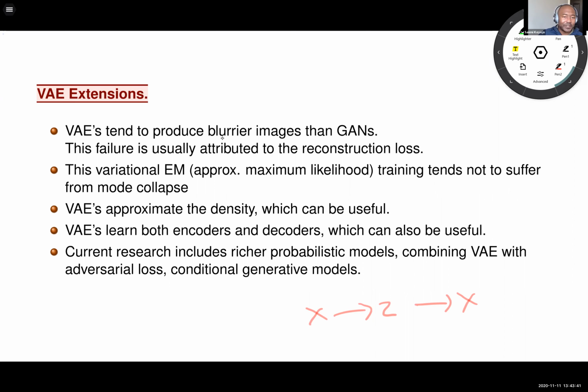I should say that there are other kinds of GAN models that do autoencoding, but a classic GAN doesn't learn an encoder and decoder. So you can see this as an advantage of VAEs, that you get both mappings.